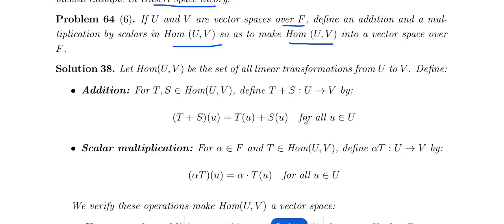Hom(U, V) is the set of linear transformations from U to V, that is, homomorphisms.